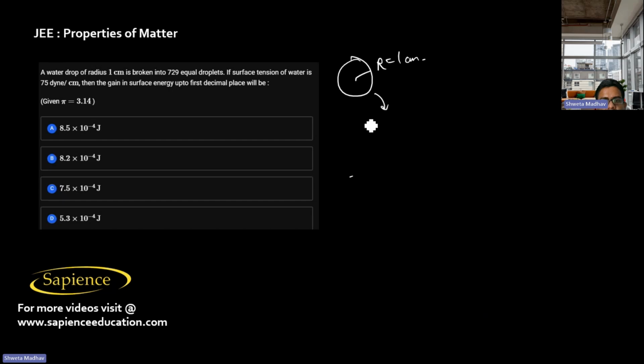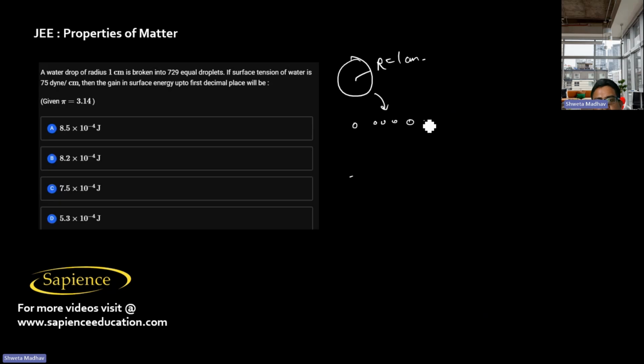It is broken into 729 equal droplets. We have 729 equal droplets. Now, the surface tension of the water is 75 dyne per centimeter.